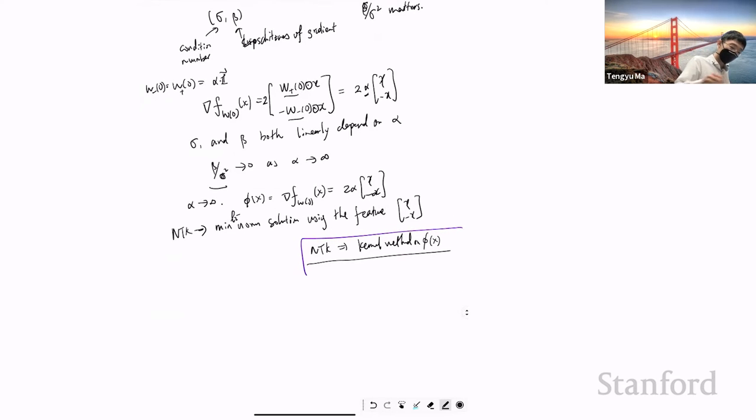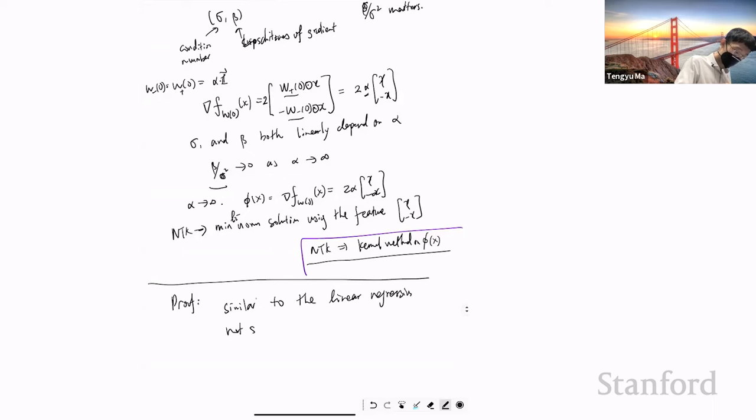Okay, so now let's discuss the proof of this theorem. This proof is interesting in the sense that it is similar to the linear regression proof, but not similar to what we discussed last lecture.